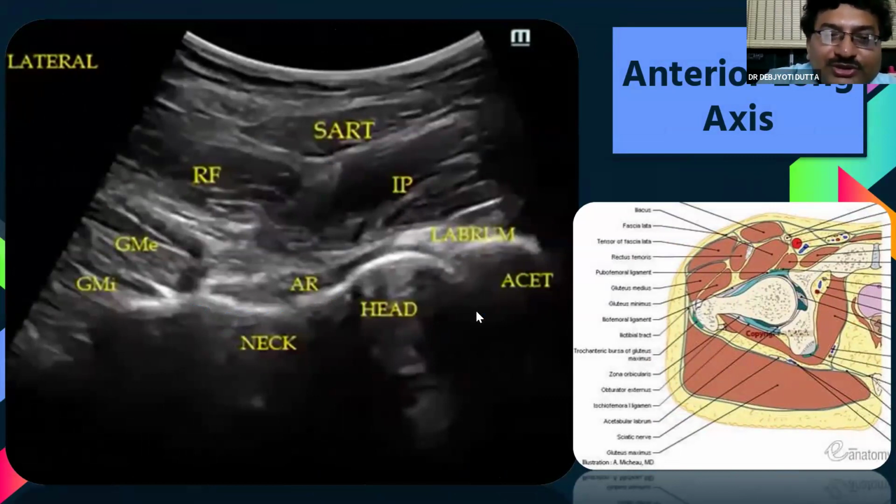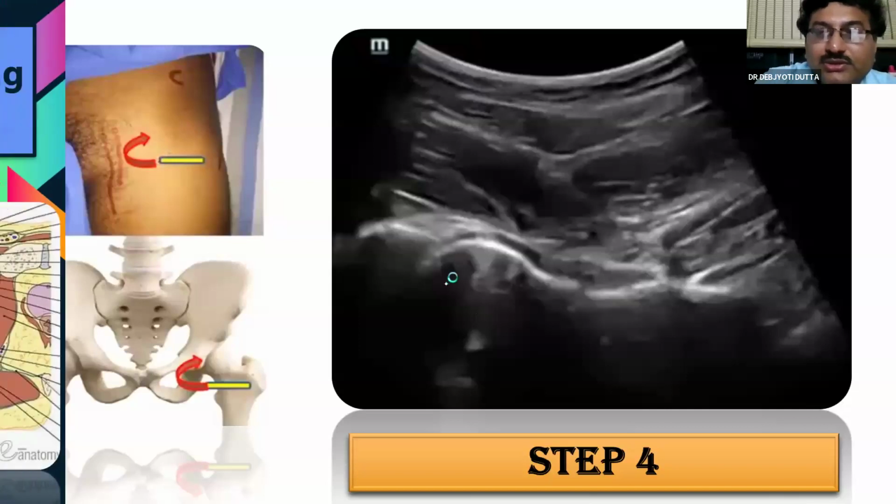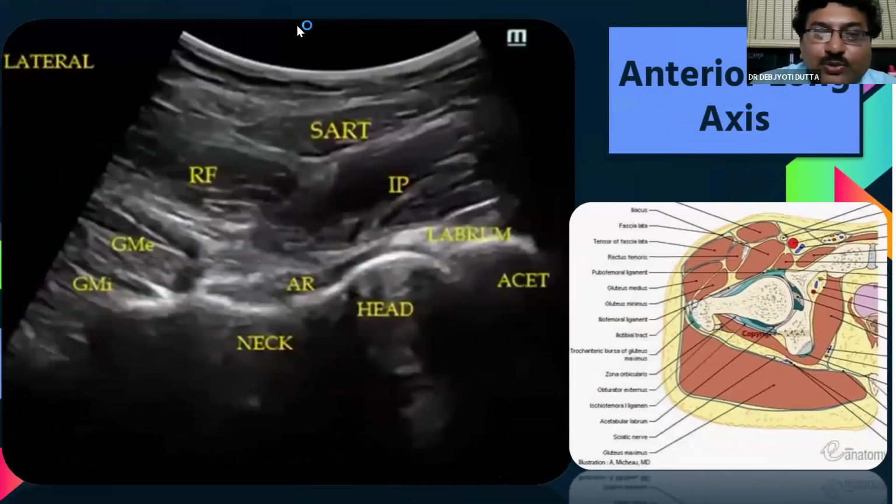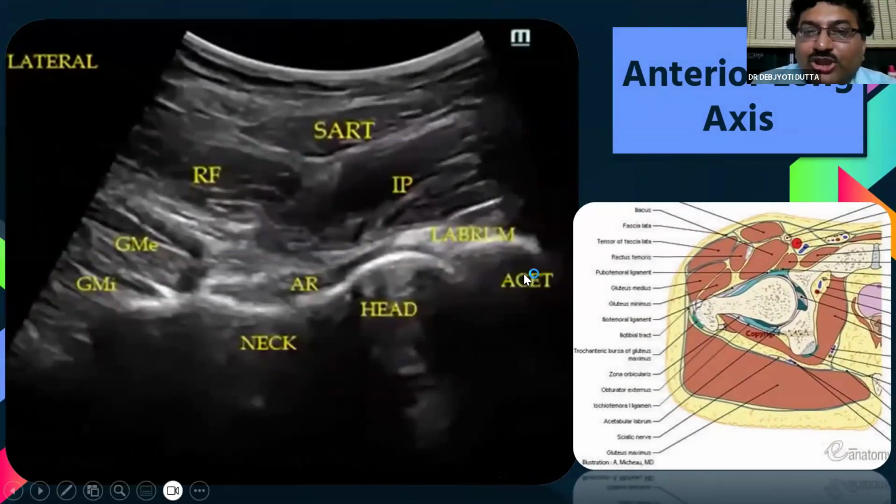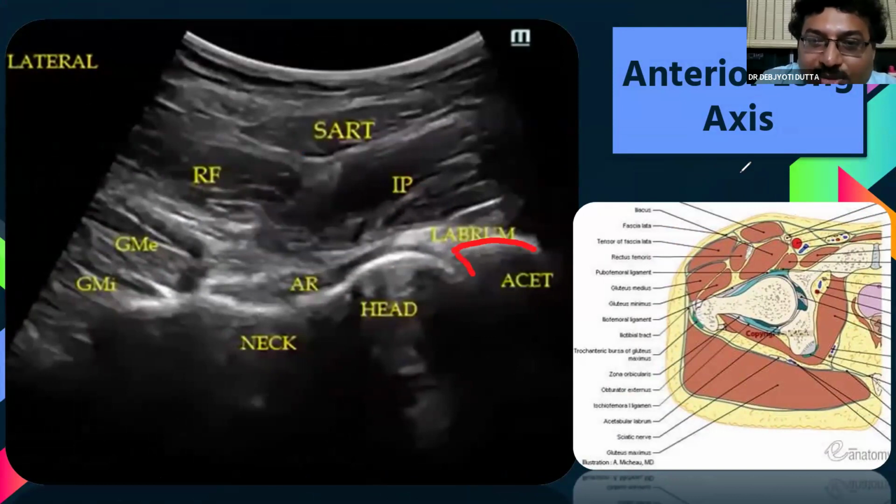We will be able to see a portion of the neck, a portion of the head, a portion of the acetabulum, and a portion of the labrum. In other pictures we have not shown you the labrum, but in this picture we can see the labrum as well, because here this bony portion is the acetabulum, and there is a projection of a hyperechoic area that is going anteriorly.